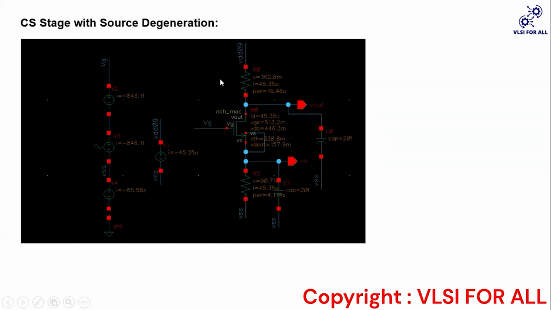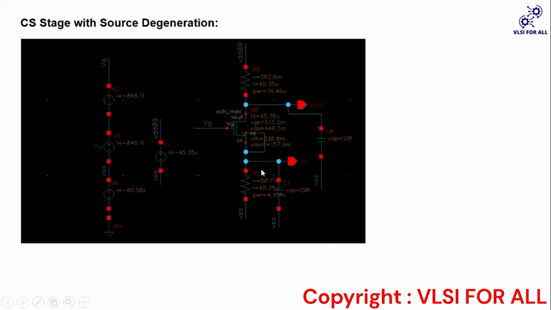Here we can see that if our V in, the voltage at the gate, increases, then our VGS is going to increase, correct? When the voltage at the gate increases, the current through the drain of this MOSFET is going to increase, and the same current flows through this resistor RSS. So the voltage across this resistor RSS is going to increase.